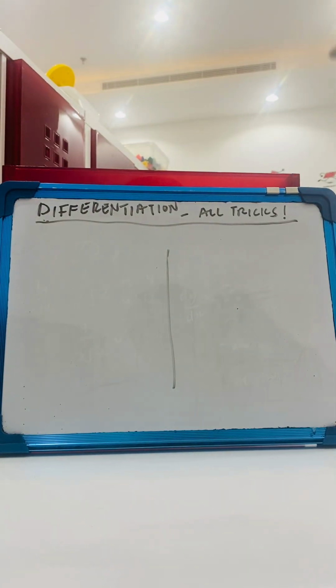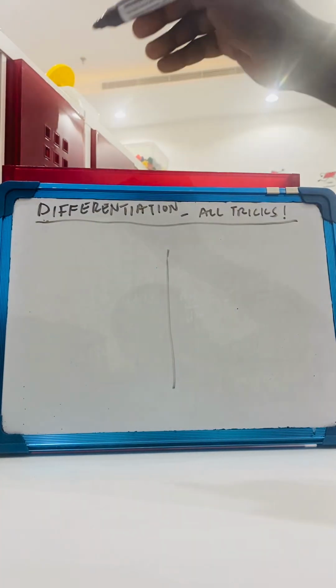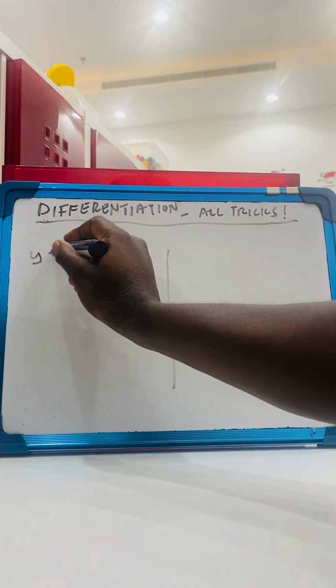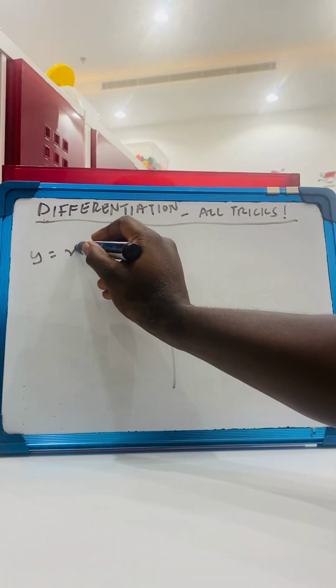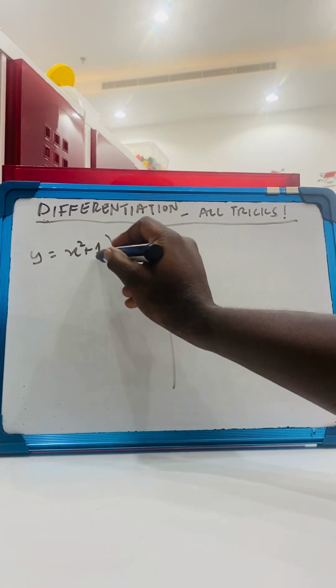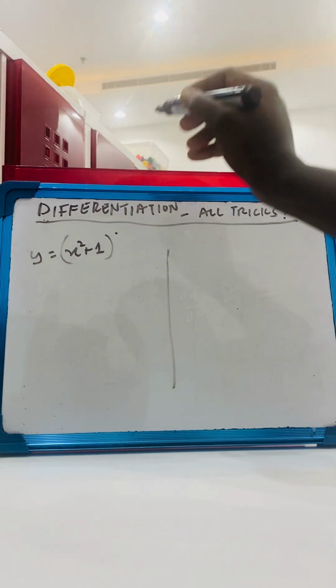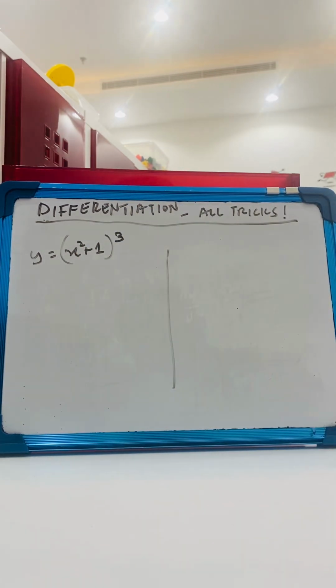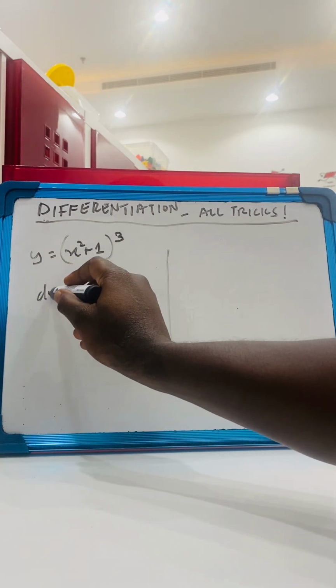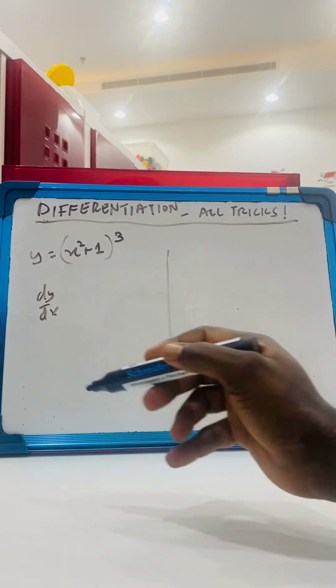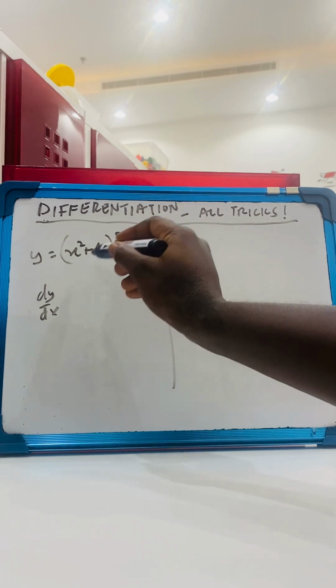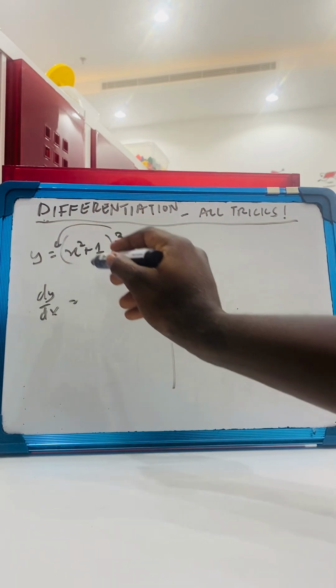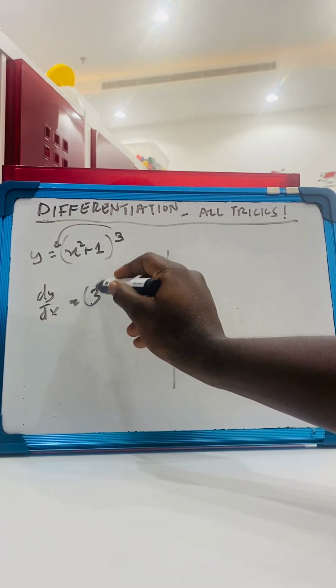Third example, I'll look at how to make the chain rule easy, like y is x squared plus 1 all to a power, let's say 3. So if I need dy dx for this given expression, all I do is drop that power. So I bring the 3 down.